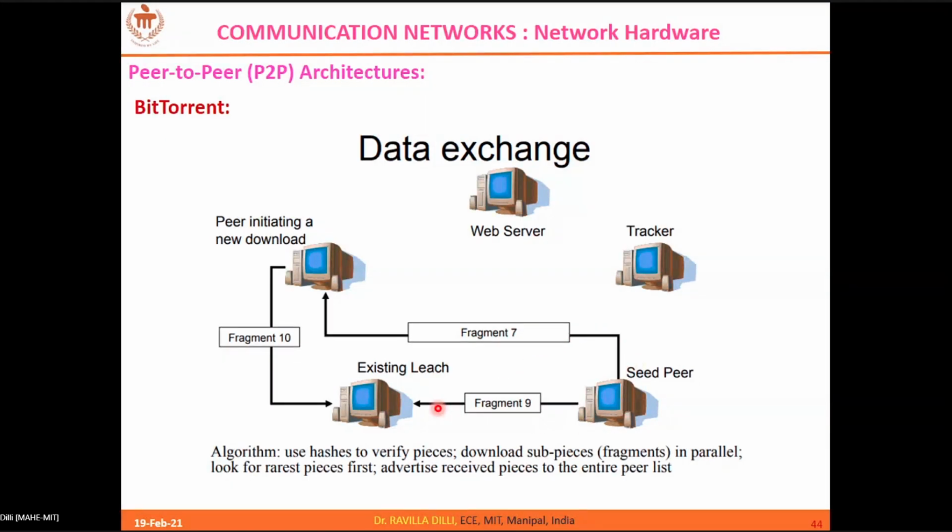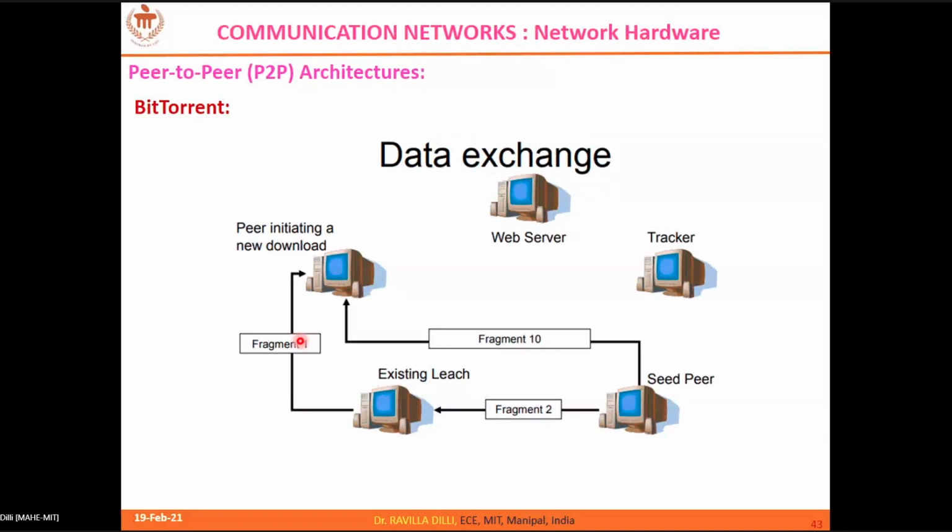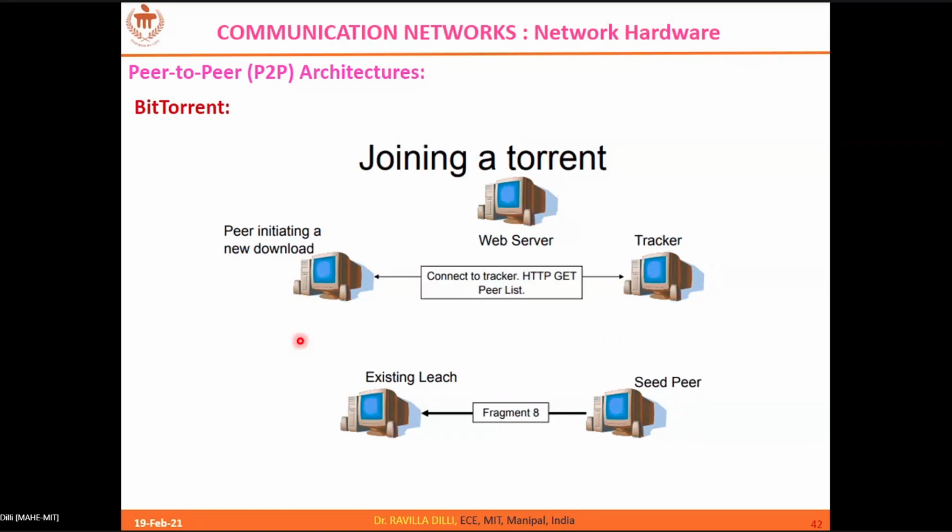You can see fragment 7 is coming from here, and fragment 9 is coming from here, and fragment 10. After collecting all the fragments, I don't keep quiet. Instead, I will also forward these fragments to my neighbors who do not have them. So it is a mutual help.